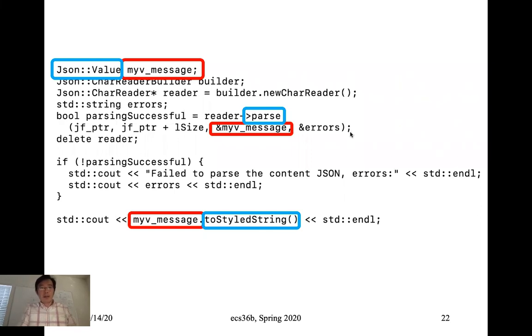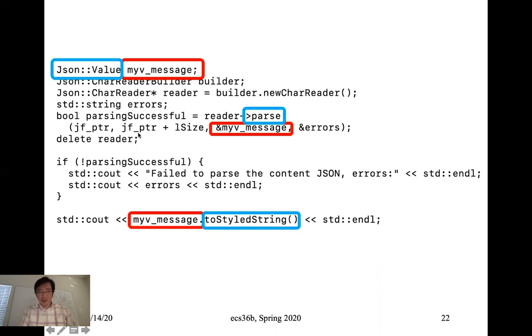Here you can see that I'm taking a few parameters. The first parameter is essentially a pointer to a buffer. It's a string, a JF pointer. In fact, what I did is point to a file, which I call a file map IO, and I can directly use that. But you don't have to. This is just a pointer to a string, this is the beginning, and this is the end of the string.